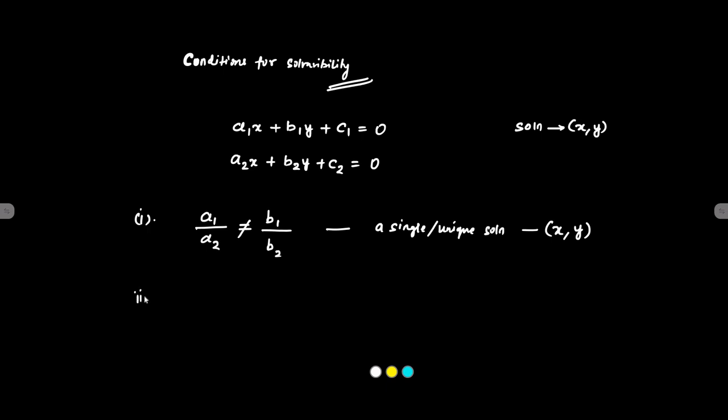Okay, now if we have a1 by a2 is equal to b1 by b2 is equal to c1 by c2, that is, the ratio of coefficients of x, the ratio of coefficients of y, and c1 by c2 the two constants which are all real numbers.